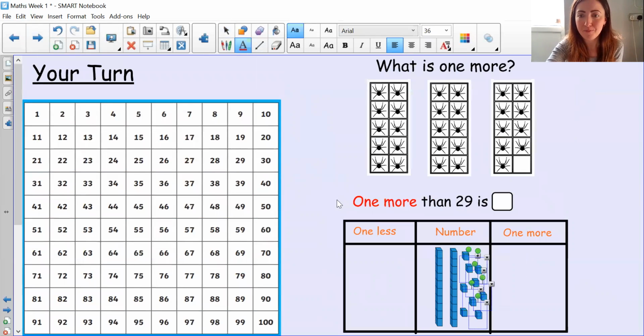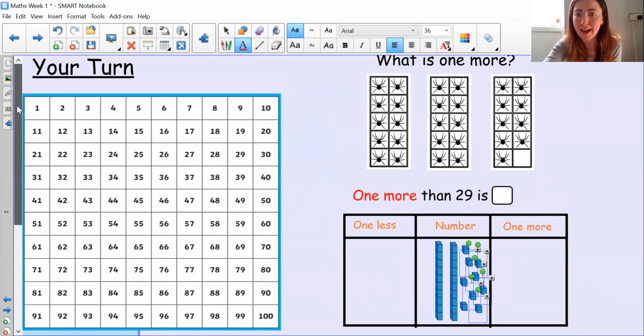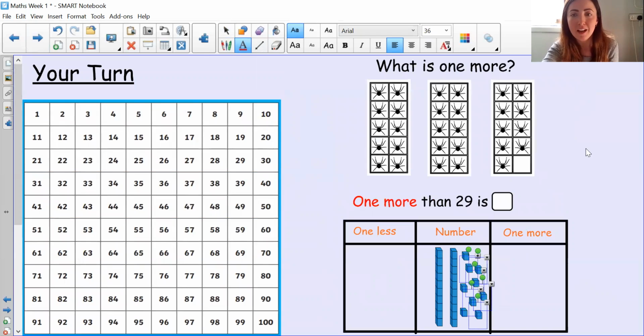Right, this time, I'm going to have a go at this one on your own, and then we'll come back to have a go in a minute. So have a look at the 10 frames, first of all. Work out how many spiders there are. And then I want you to have a go at working out what one more than that number is. Okay, so pause the screen here, count the spiders, and then find out what one more is.